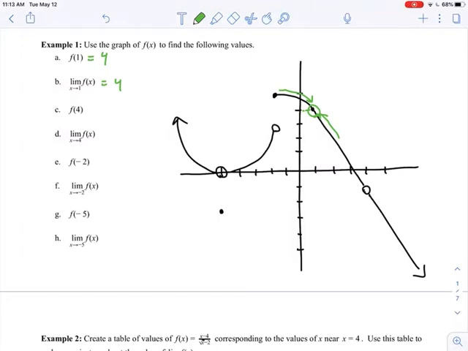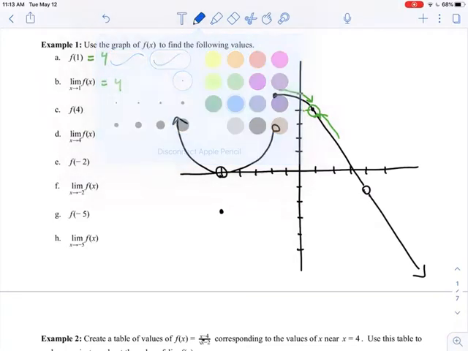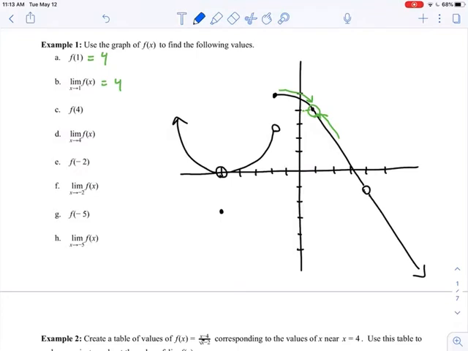But let's go ahead and look at 4 here. So I'm looking at x equals 4. It says f of 4. What's the value of my function at 4? So for this, here's x equals 4, and I'm looking at this point right here, and I would say, well, it does look to me kind of like a y value.